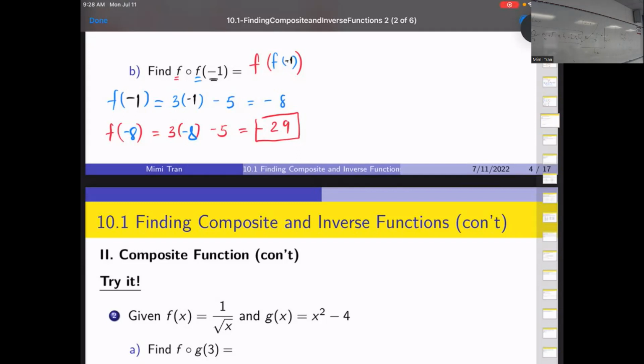So parenthesis, parenthesis. And then the inside will be the next one, another function which is. I'll explain it because you missed the first part.